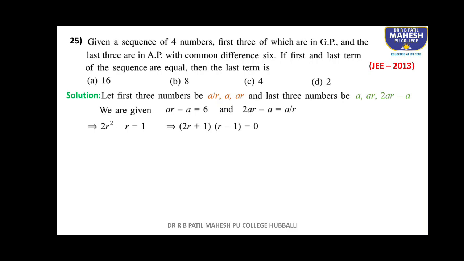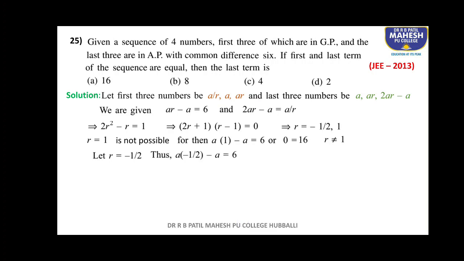Therefore the values of R are minus 1 by 2 and 1. Considering R is equal to 1 first, it is not possible, since A into 1 minus A is equal to 6 would give 0 equal to 6, which is not possible. Therefore R is not equal to 1.